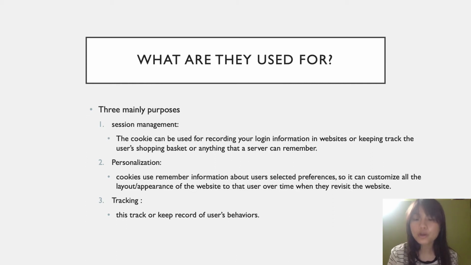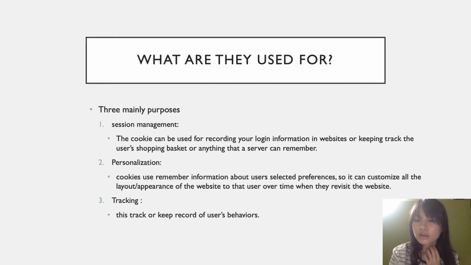For example, when a user visits a website's login page, the website sends the client a cookie that contains a unique ID. This helps the website recognize the user and remember the user's login information and preferences, such as sports news. So you don't have to enter your password or your username over and over again every time you visit that website.